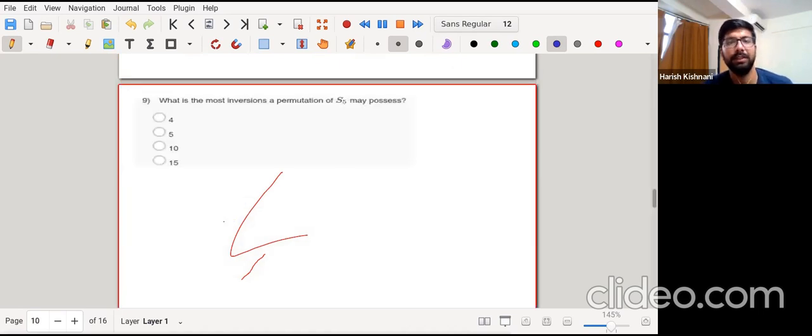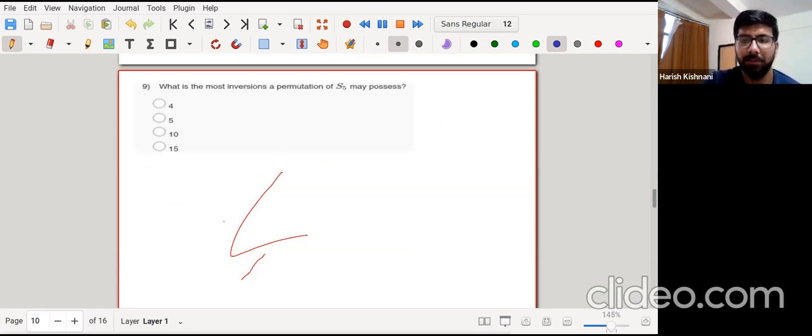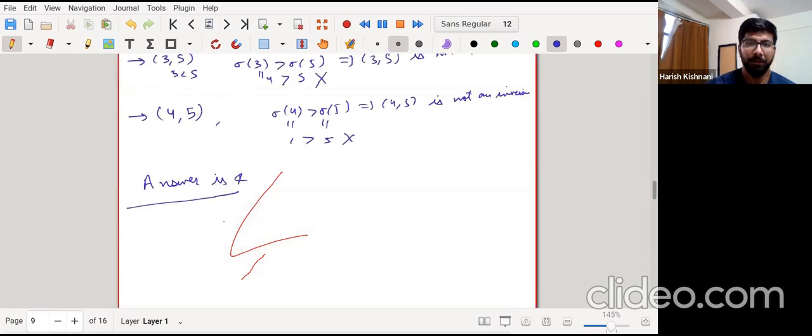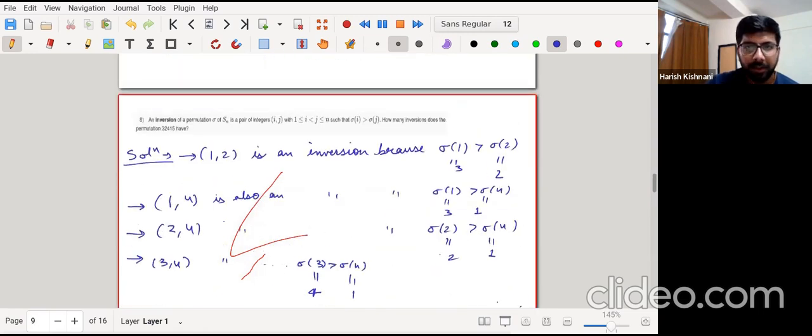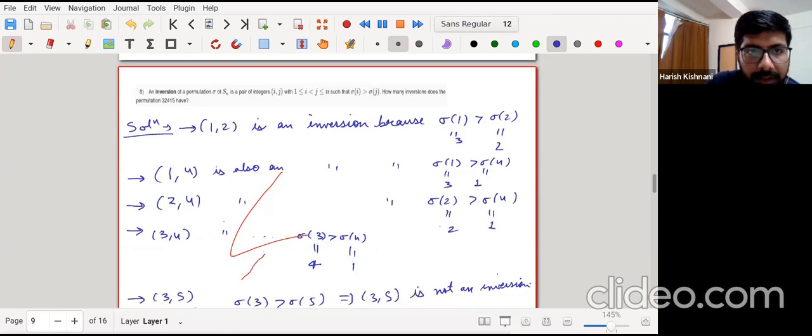What is the most inversions a permutation of S5 may possess? So this will test your combinatorics, how good you are with counting. We have seen an example above of S5. 3 2 4 1 5 is an element of S5.